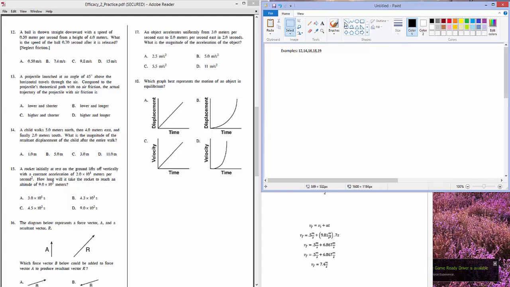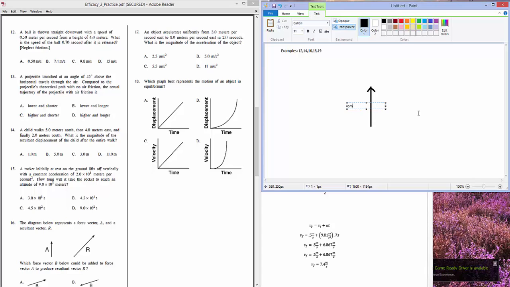Right, so the way to do this is to draw it again. You want to draw it using arrows and try to represent your drawing to show what happened. So a child walks 5 meters north. I just draw kind of like an arrow, like this. And that's going to be 5.